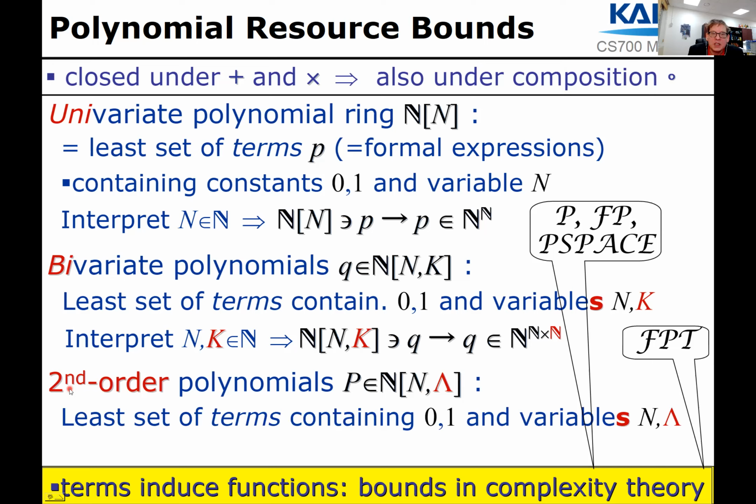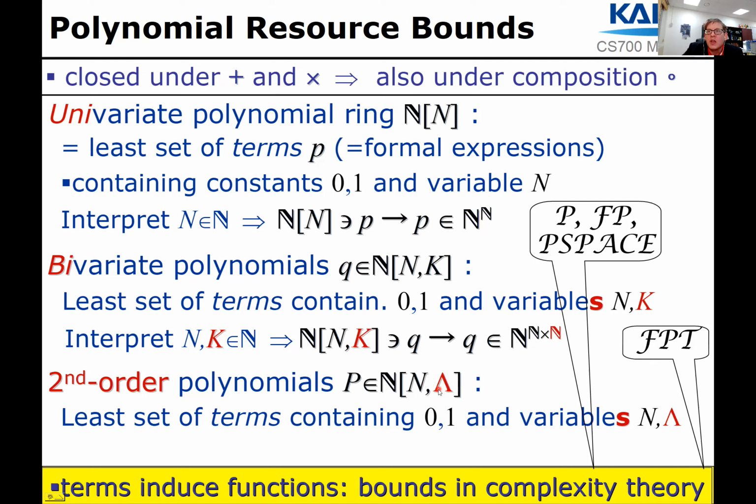So the formal definition is again, the second order polynomial ring in these two variables is the smallest set of terms that contain the constants 0 and 1 as previously, but in addition contains variables n, the same variable as previously, a placeholder for a natural number, and lambda, a placeholder for a function from natural numbers to natural numbers.